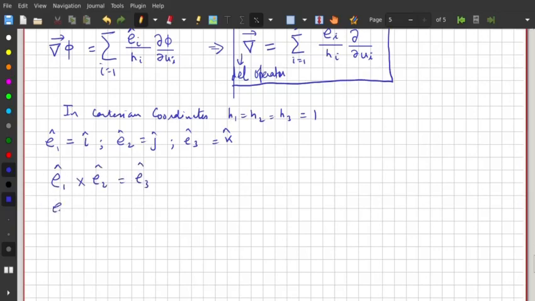Similarly, we will have E2 cross E3, that is E1.